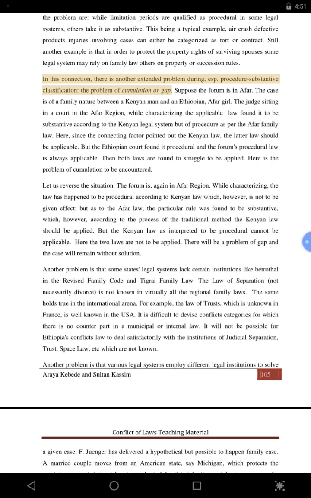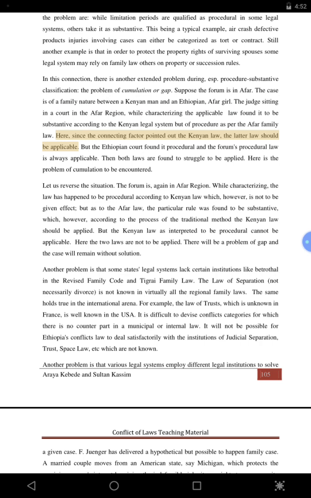In this connection, there is another extended problem, especially during procedure-substantive classification, the problem of cumulation or gap. Suppose the forum is in Afar. The case is of a family nature between a Kenyan man and an Ethiopian Afar girl. The judge sitting in a court in the Afar region, while characterizing the applicable law, found it to be substantive according to the Kenyan legal system but of procedure as per the Afar family law.